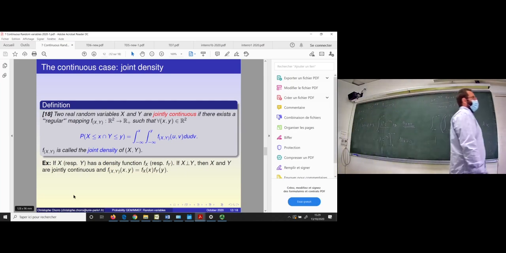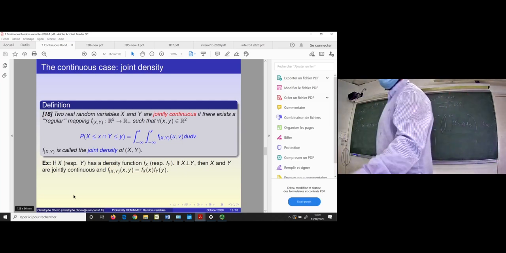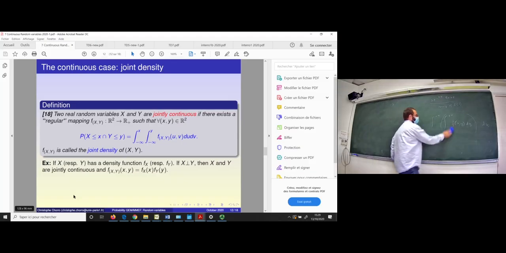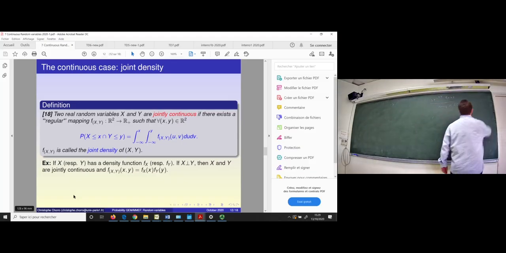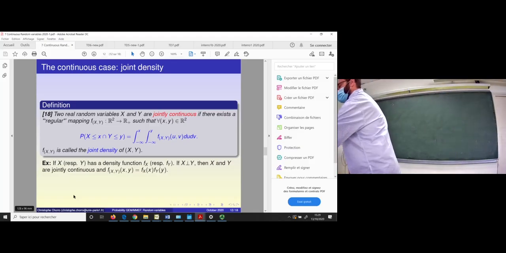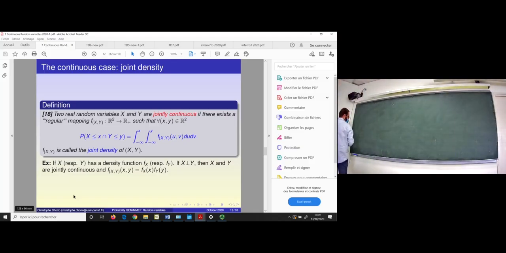So let's have a look at this definition a little. I erase my computation. Let's see an example here, the one in black.